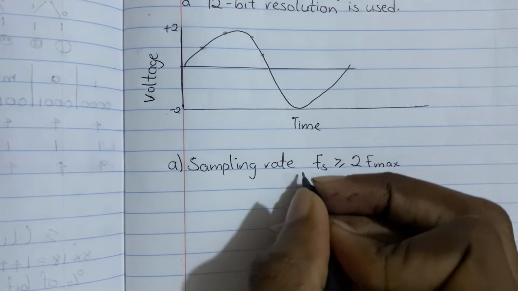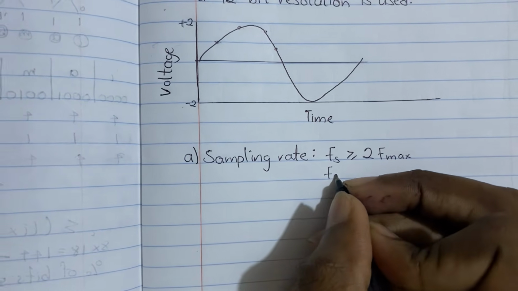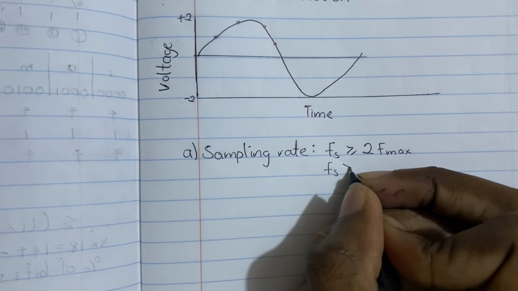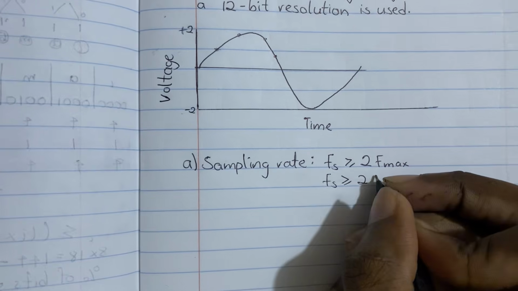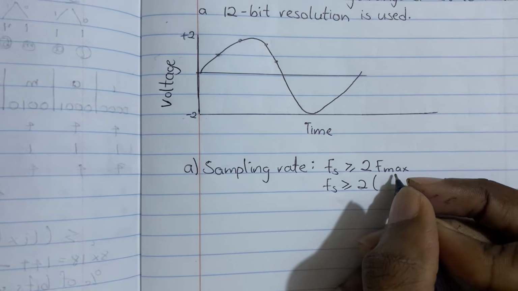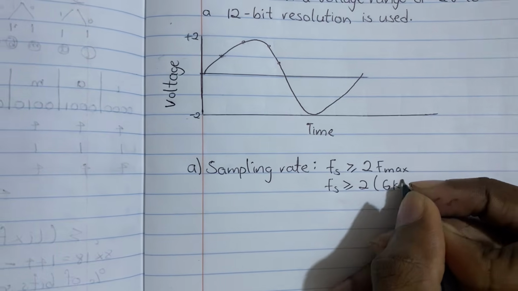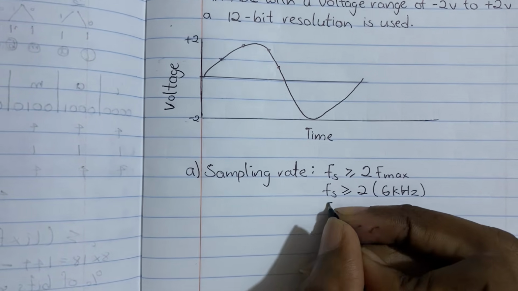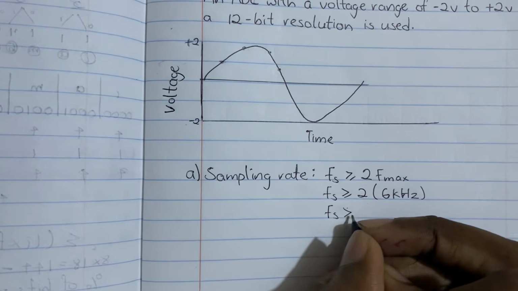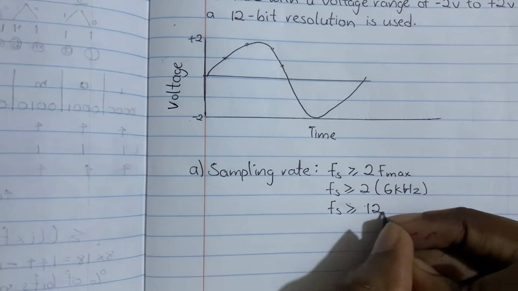So we know that f_s, the sampling frequency, should be greater than or equal to twice our f_max. The maximum frequency was 6 kHz, so we are going to get 2 times 6, which is 12 kHz.